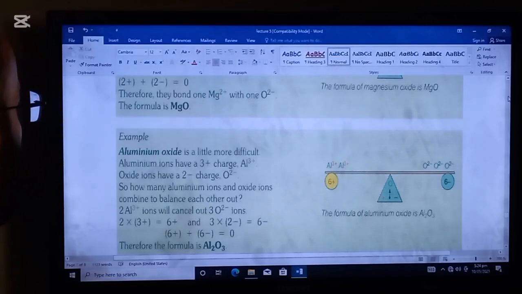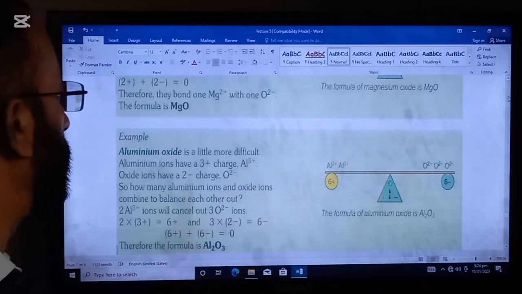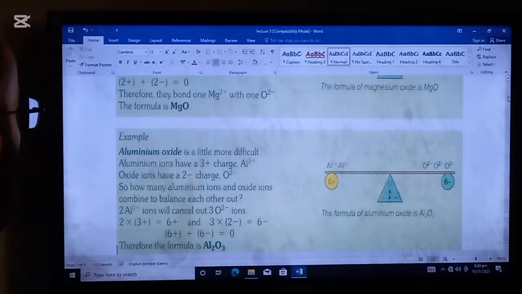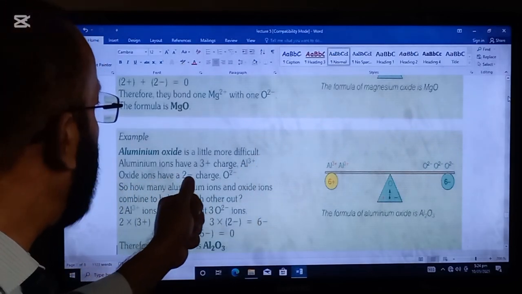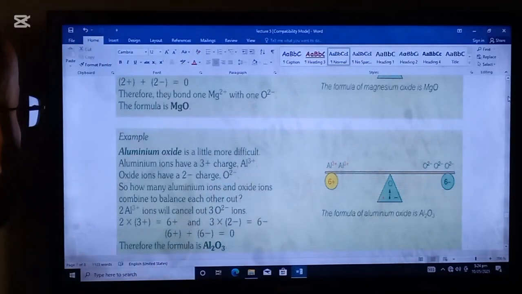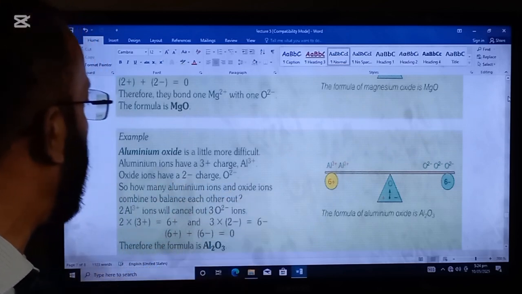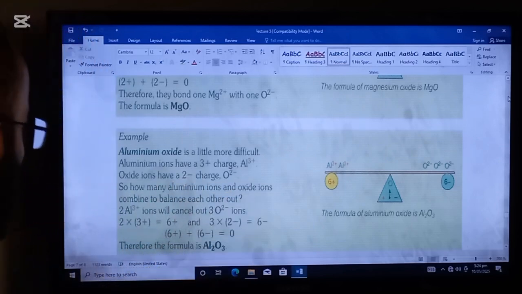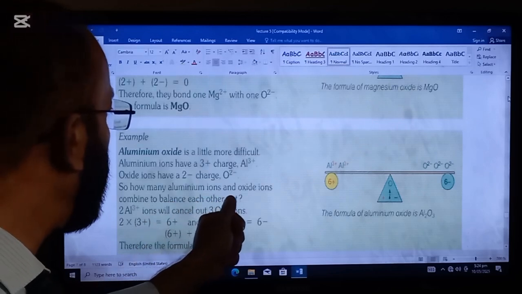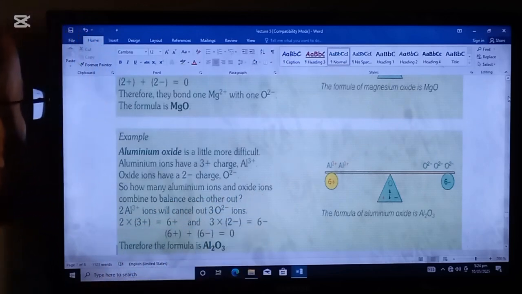And another question is here. Aluminium oxide is a little more difficult. Aluminium ions have a 3+ charge, that is Al3+. Oxide ions have a 2- charge, that is O2-. So how many aluminium ions and oxide ions combine to balance each other out?